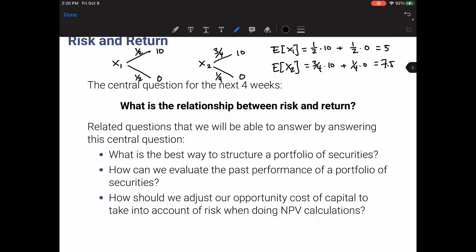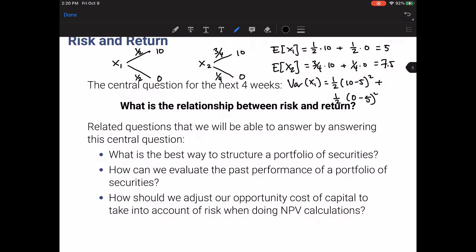And so let's quantify the variance. Let me go over the definition of variance for asset 1 and asset 2. So the variance of asset 1 is the following. It's 1/2 times the demeaned value when the asset goes up, so 10 minus 5 squared, plus 1/2 times 0 minus the mean squared.